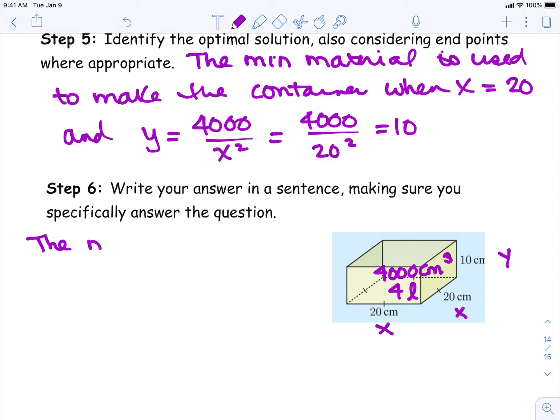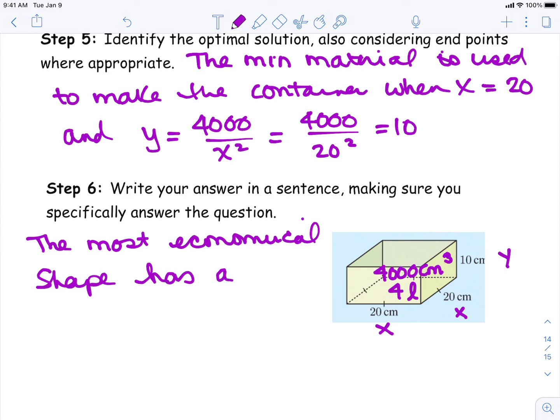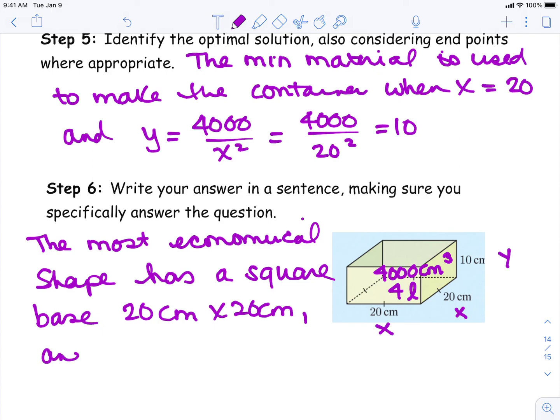So the most economical shape has a square base 20 centimeters by 20 centimeters and a height of 10 centimeters.